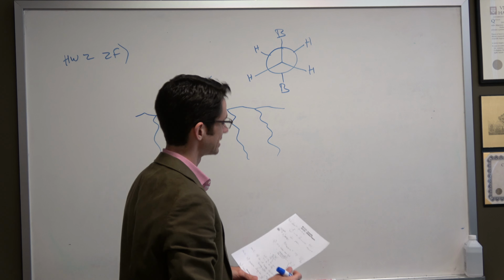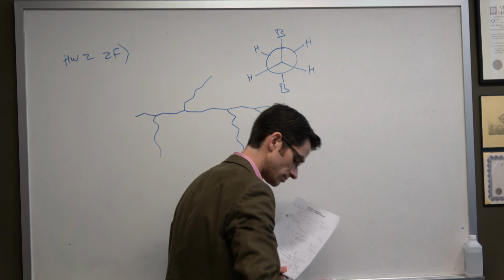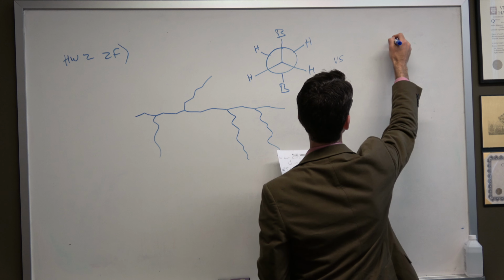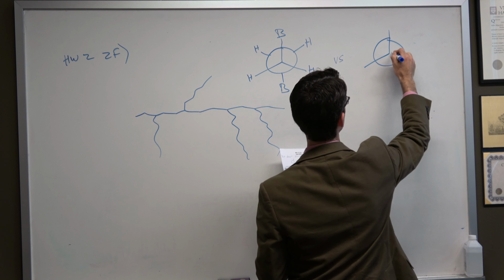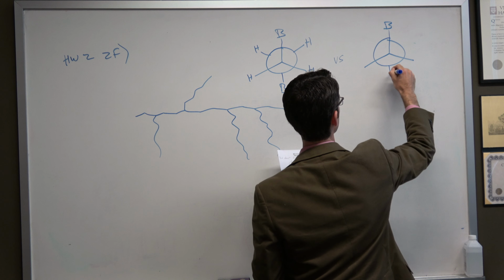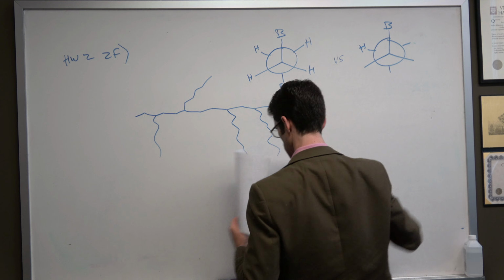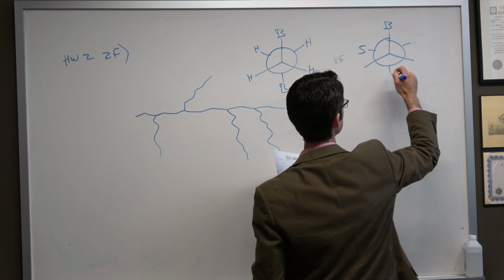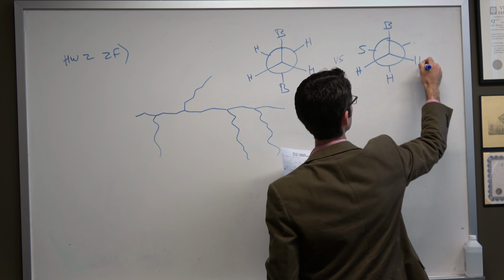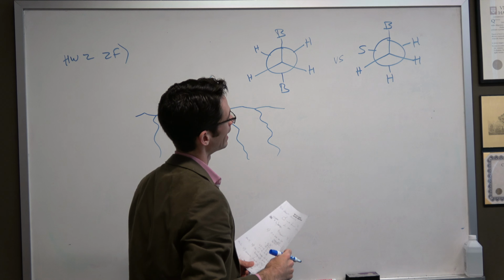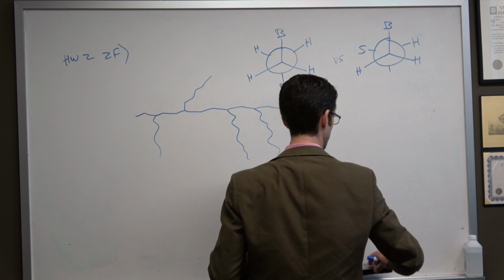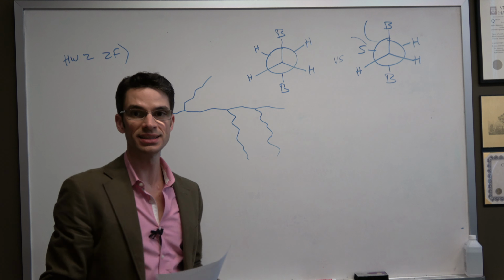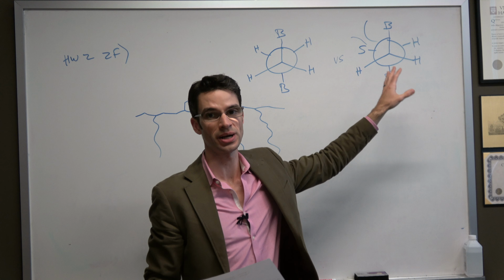If we add a side chain, we had a side chain S. Then the side chain and the backbone in the trans conformation have this unfavorable interaction.